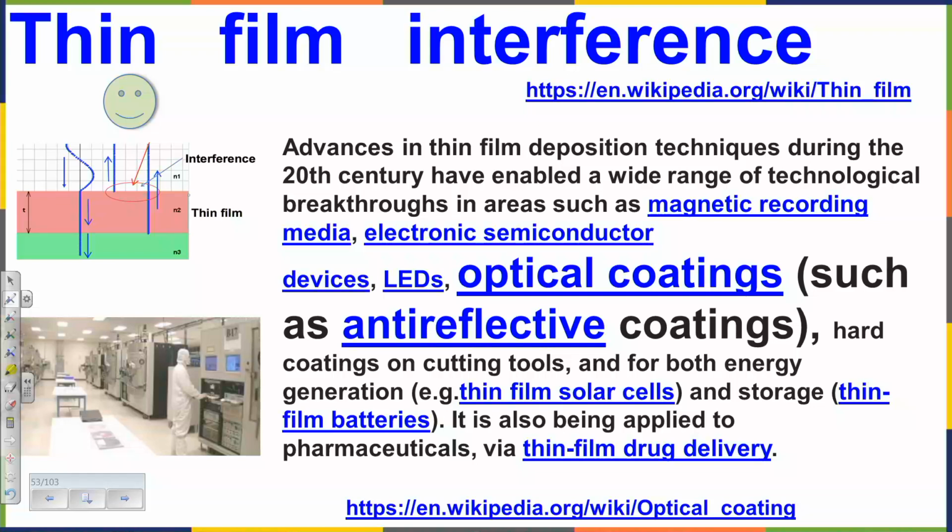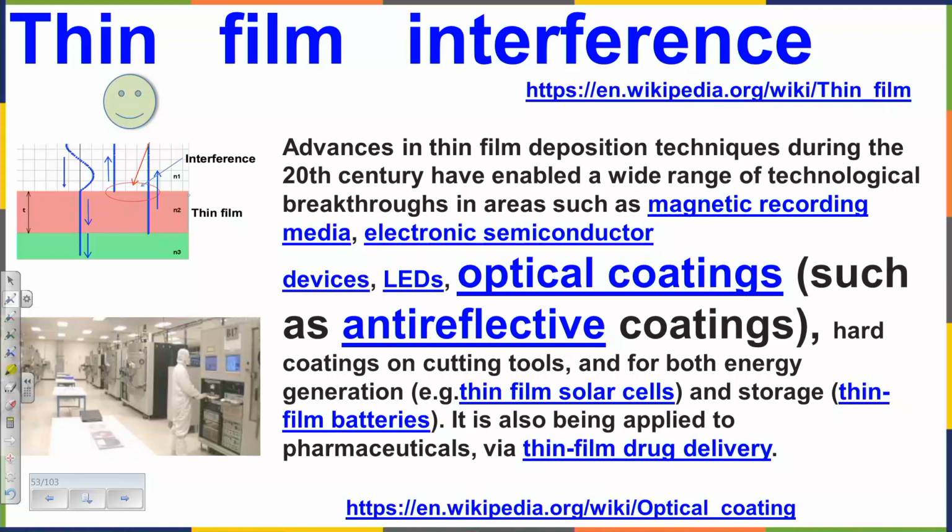All right. What is a thin film? A thin film is a very, very thin film. What does it mean? It means you have something thick, put something very thin but transparent on top of it, and have something thick and transparent on top of that. That's what it means. There are many technologies which actually use thin film interference.